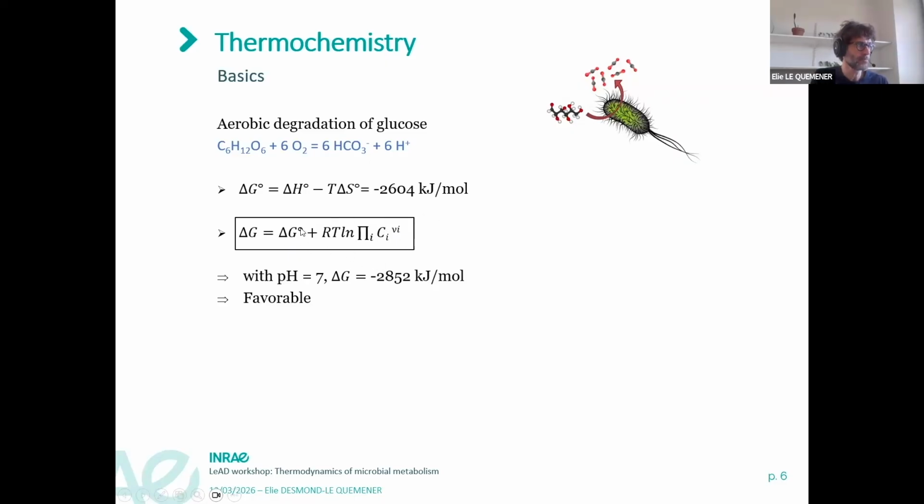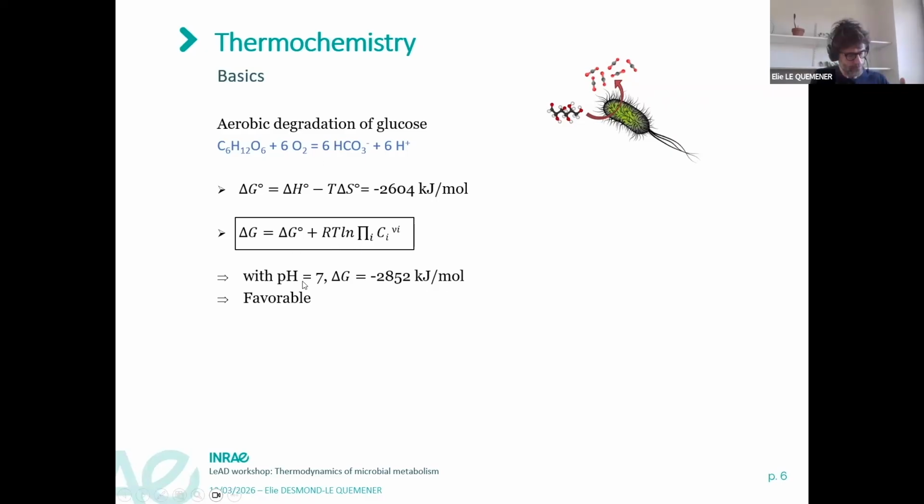So here we know everything because the standard Gibbs energy, we just calculated it, and the concentration we assume we know. The stoichiometric coefficient we know, R is a constant, so gas constant, and T is temperature. So with all this, we can compute the real Gibbs energy, and for this example, it's minus 2,852 kilojoule per mole.